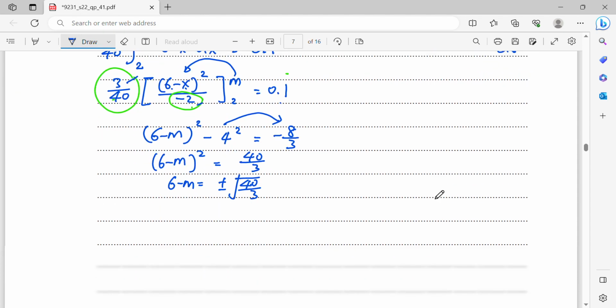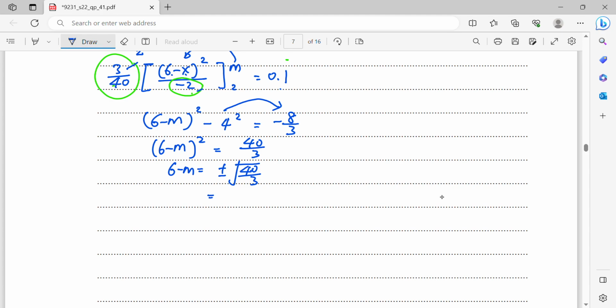The square root of 40 over 3 will be plus or minus 3.65. So now I will write 6 minus m is 3.65, or 6 minus m is negative 3.65. Now I need to get m. Since this is minus m here, it will be moved to the other side.